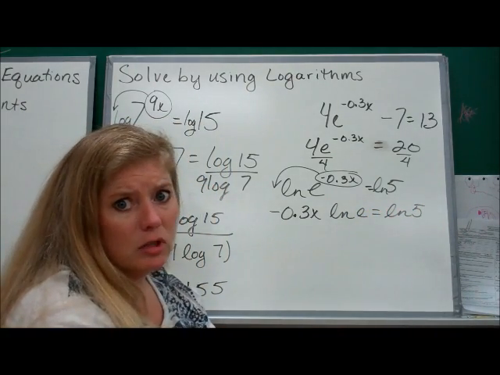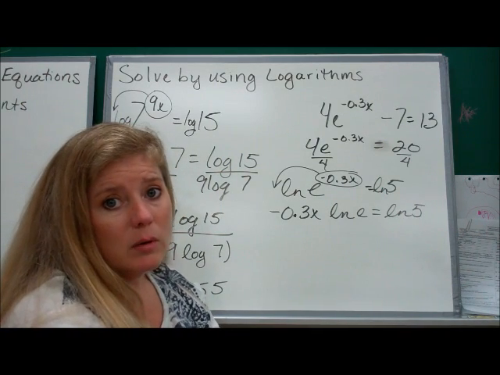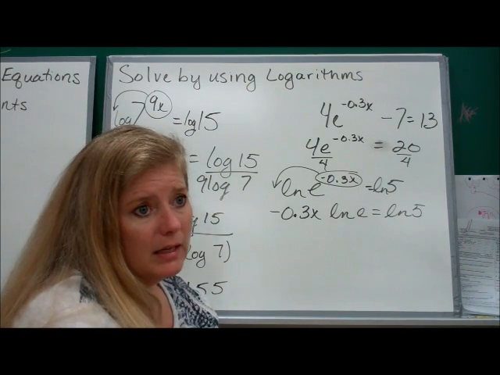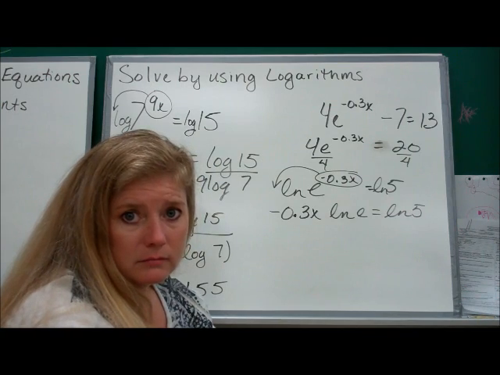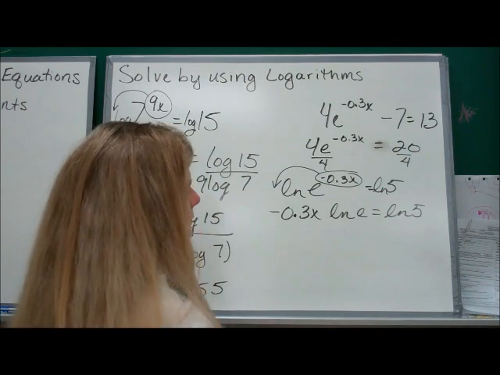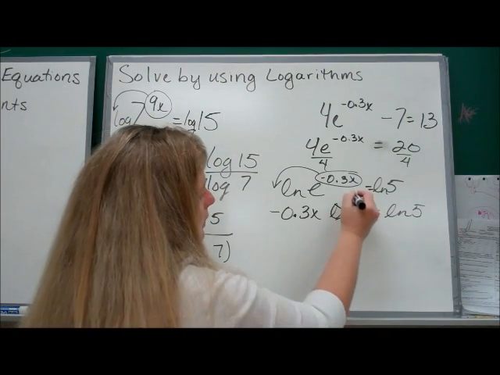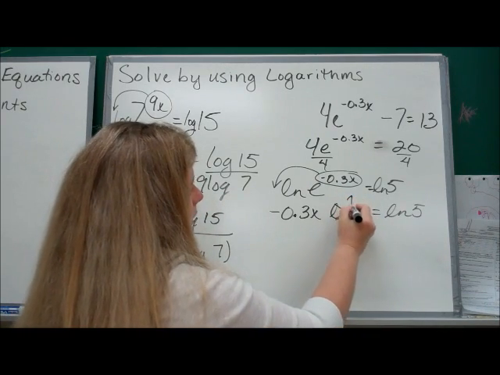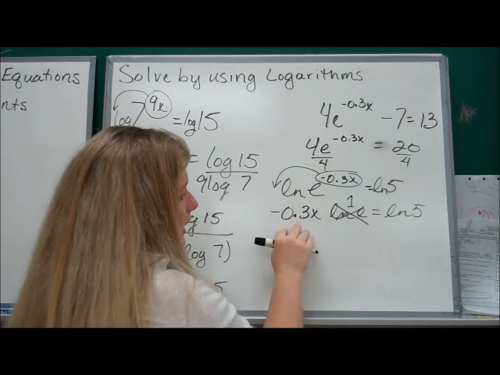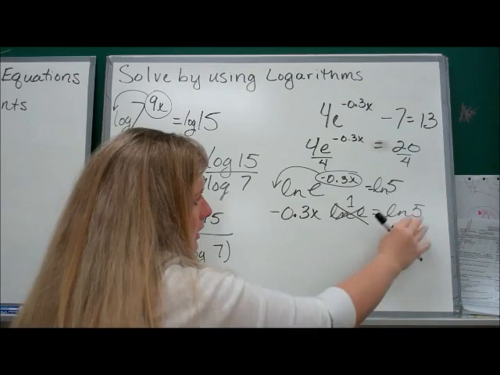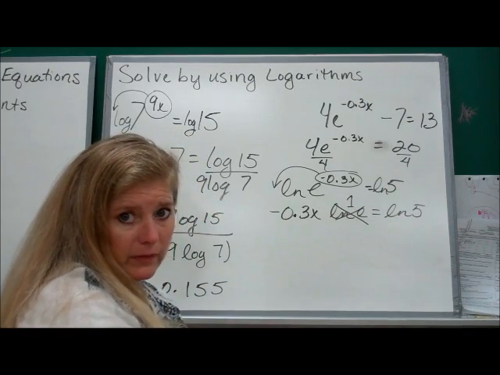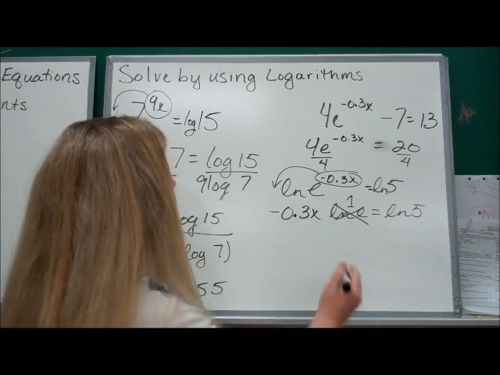Well, what is the natural log of e? What exponent do I take e to get e? It's 1. The natural log of e is 1. So essentially I've got negative 0.3x times 1 equals the natural log of 5. That's convenient.